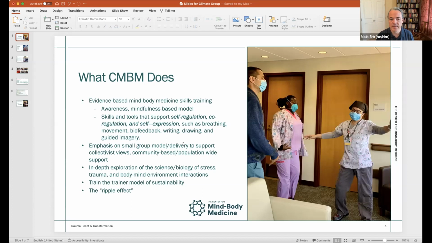And body-mind-environment interactions. It's not just individual mind-body, but how each of us is bathed in environments, and the influence of that environment is significant. We call this out because we want to make sure that agency and people's sense of autonomy is appropriate to the upstream determinants of health, social determinants of health, the impact of systemic and structural challenges and patterns.